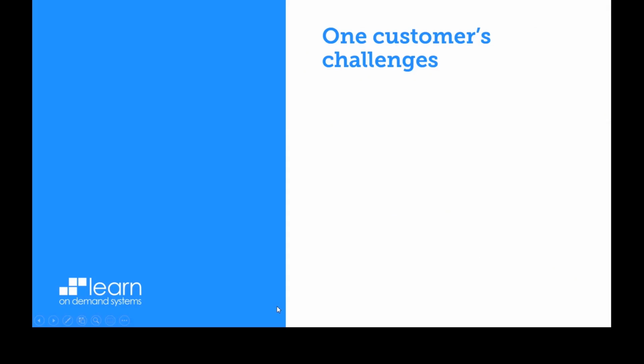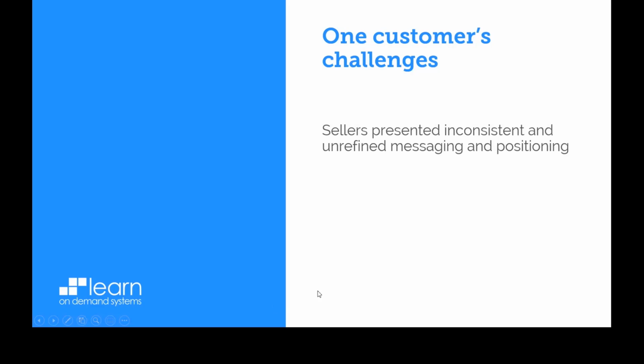So in this scenario, this customer was having problems with a large library of enablement content. And not surprisingly, it was very expensive and time consuming and labor intensive to build. And even after all of that, the customer found that sellers were presenting inconsistent messaging and positioning, which was very problematic across the group of customers within the enterprise segment.